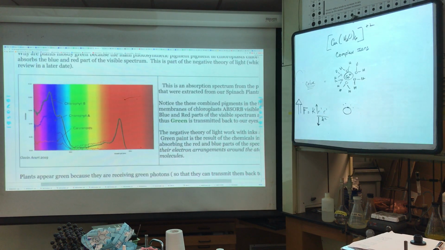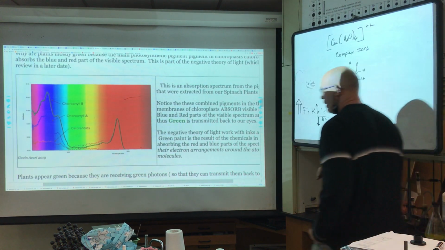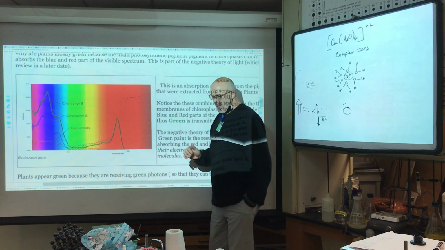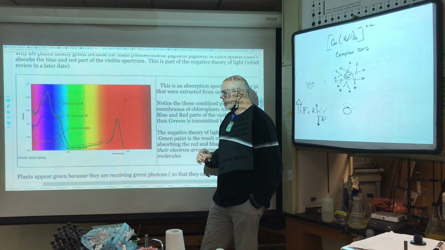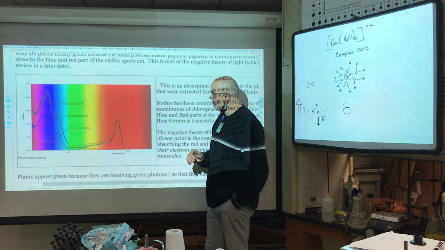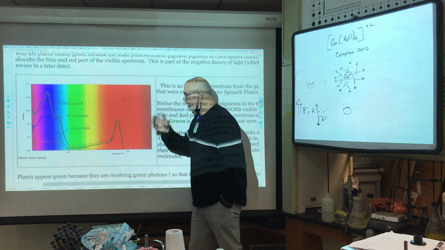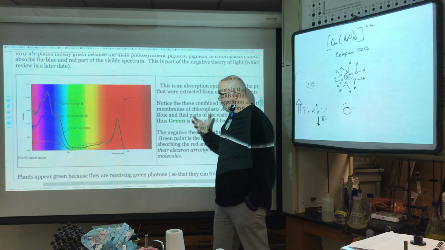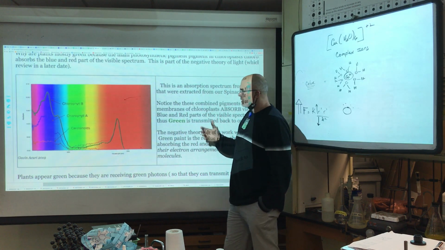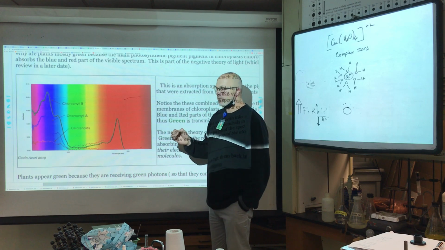Here's an example of a graph from a spectrophotometry experiment that we did a couple of years ago. We do this in AP Bio, and we take the pigments from the spinach leaves, dissolve them, and run them through a spectrophotometer.